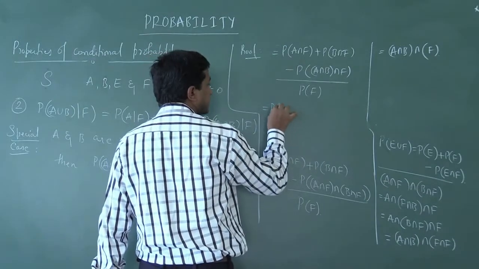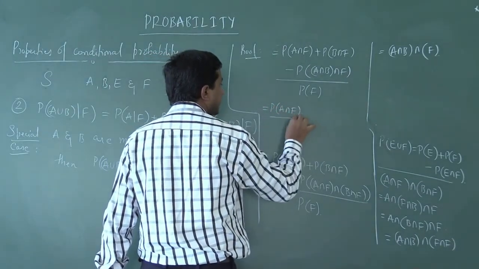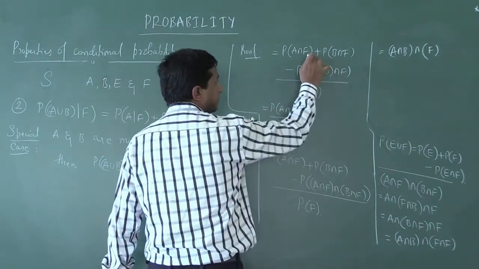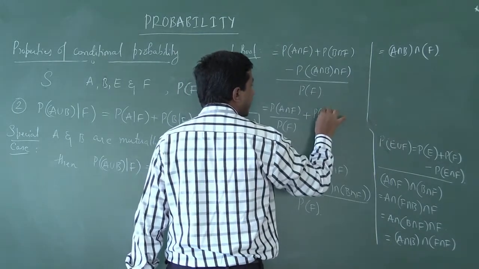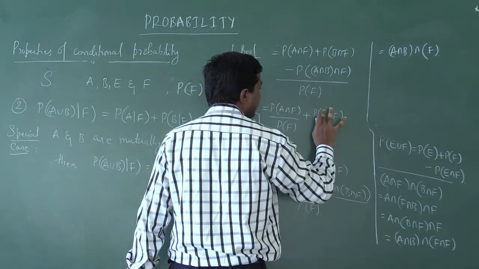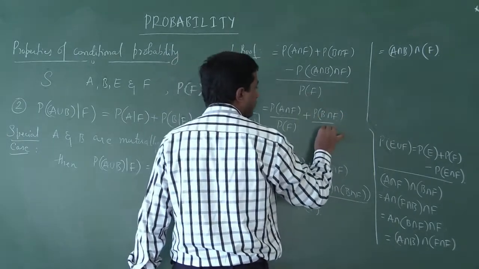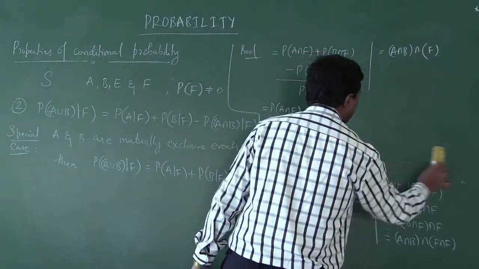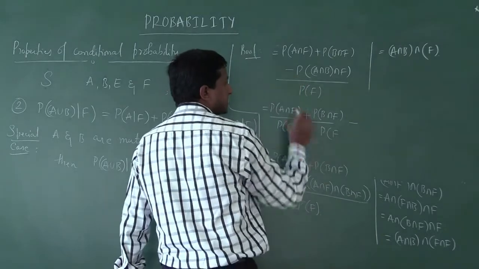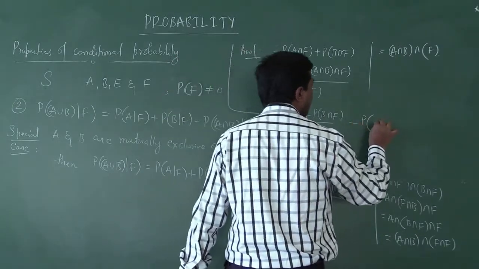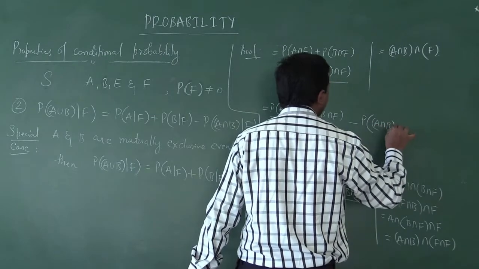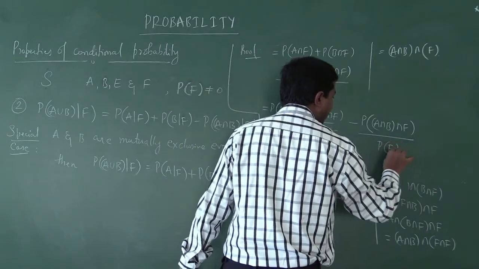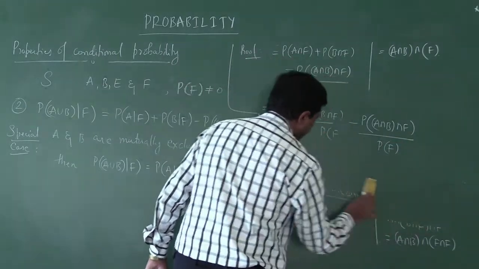I will write the first term as P of A intersection F by P of F, then plus P of B intersection F by P of F, and the last term I can write as minus, because there is a minus sign here, P of A intersection B intersection F whole divided by P of F. So we have written the next step.